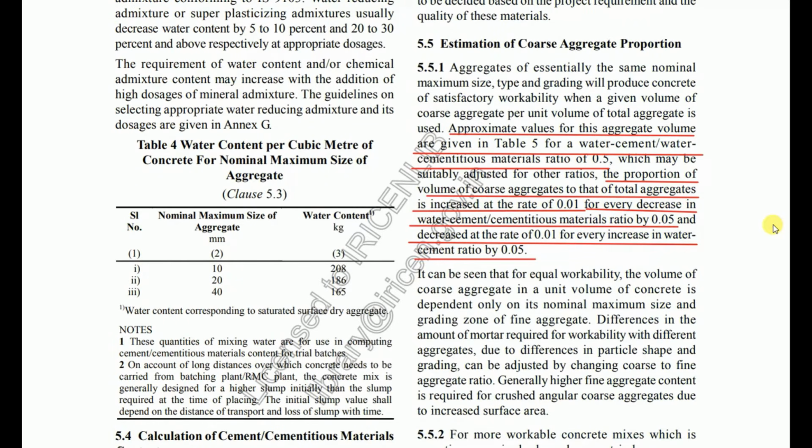Here it is vice versa. If the water cement ratio is decreased by 0.05, then we need to increase the volume of coarse aggregate to that of total aggregate at the rate of 0.01. Similarly, if the water cement ratio is increased by 0.05, then we need to decrease the volume of coarse aggregate to that of the total aggregate by 0.01.